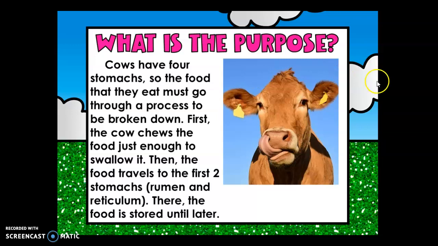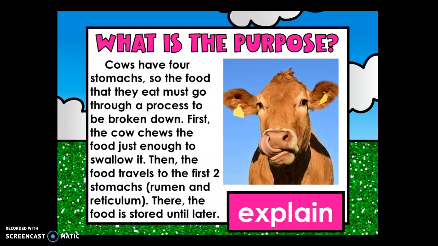I'm just now seeing the cow eating its boogers. What is the purpose of the author writing this? If your answer is to explain, then you are correct, because we have the author explaining the process of the cow's food going through its system.